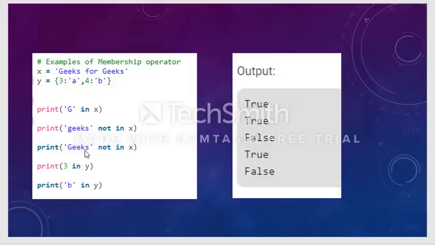The word geeks which starts with a capital letter is there in variable x, so whatever I am printing here is a false statement. Now print 3 in y. y is a variable which assigns two values here: 3 is taken as the value a and 4 is taken as the value b.